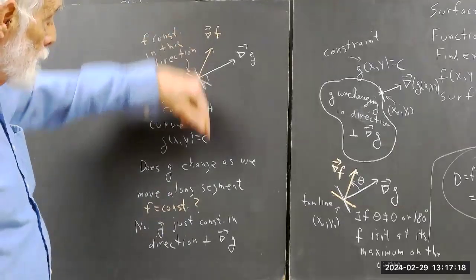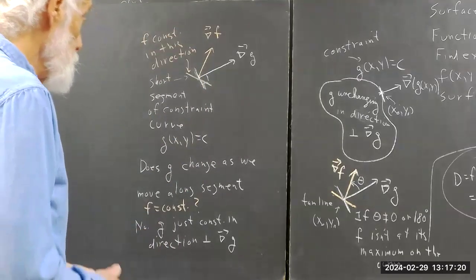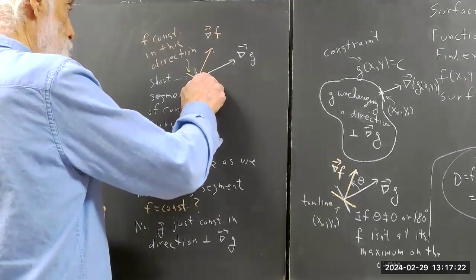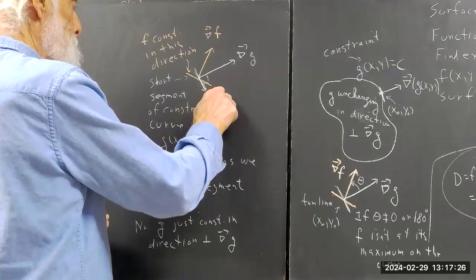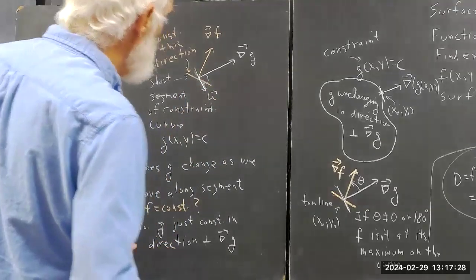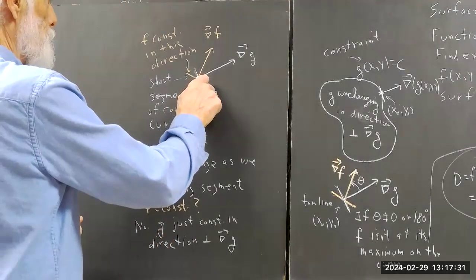So in the white direction, let's put a u vector along this. There's a u vector.